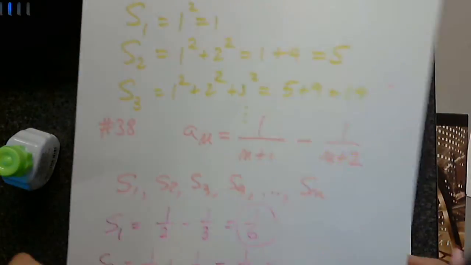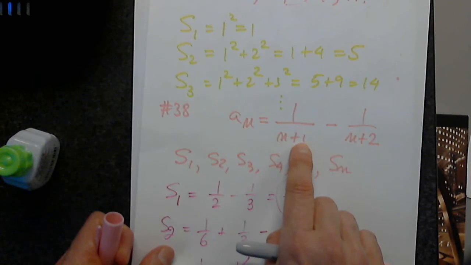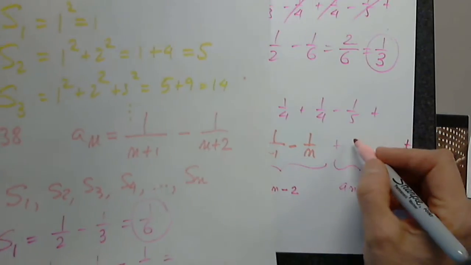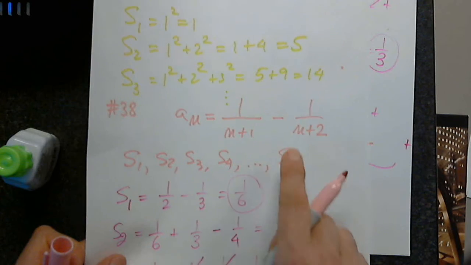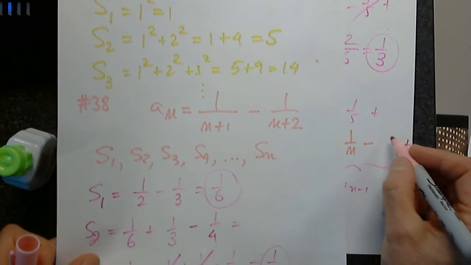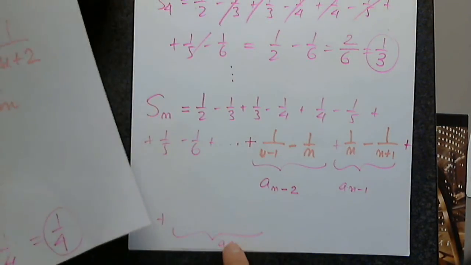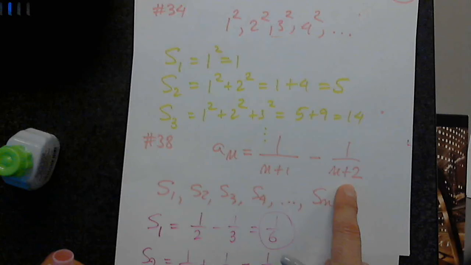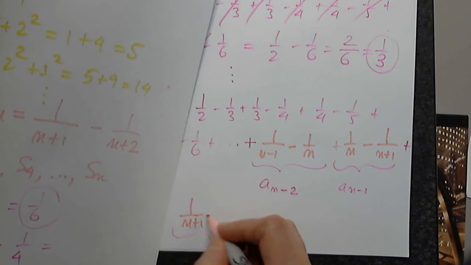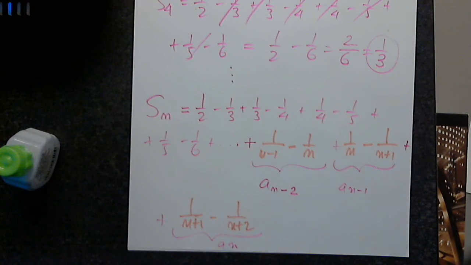Plus n minus 1 now. N minus 1 plus 1 minus n minus 1 plus 2. Very good. Last one with n. This is a_n, right? So 1 over n plus 1 minus 1 over n plus 2. Ready? Okay.